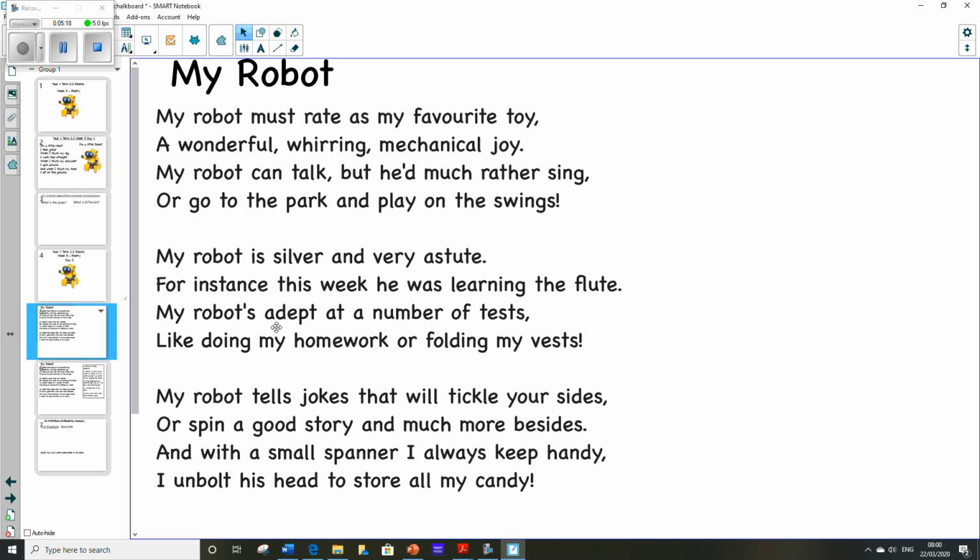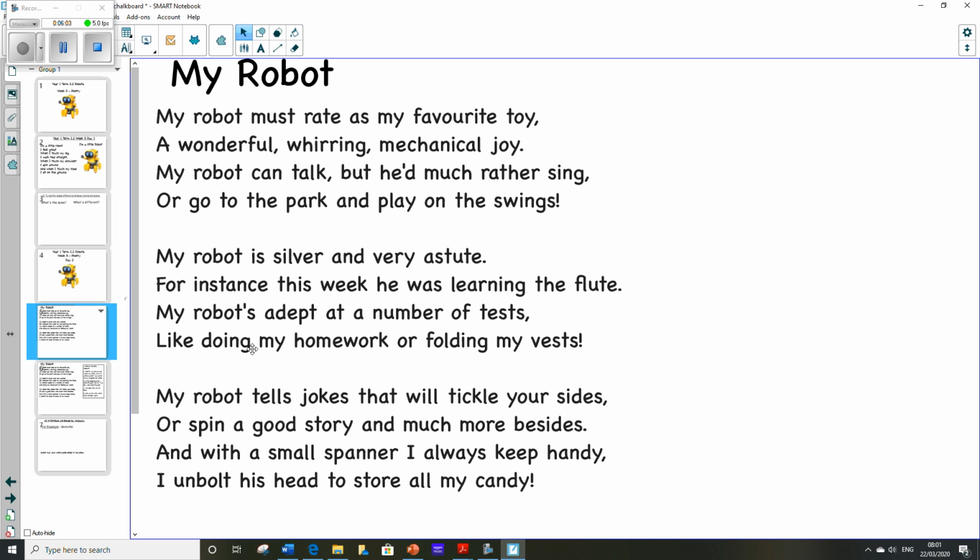My robot's adept at a number of tests, like doing my homework or folding my vests. My robot tells jokes that will tickle your sides or spin a good story and much more besides. And with a small spanner I always keep handy, I unbolt his head to store all my candy.